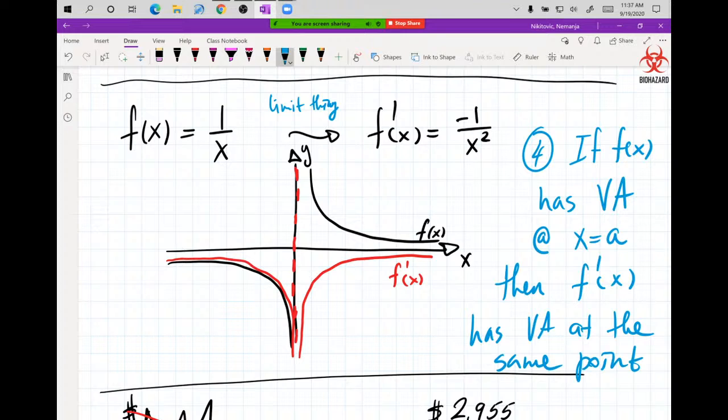When the function is increasing, the derivative is positive. Min and max of the function will make the derivative equal to 0. And at the end, if the original function has a vertical asymptote, the derivative will have the vertical asymptote at the same point.